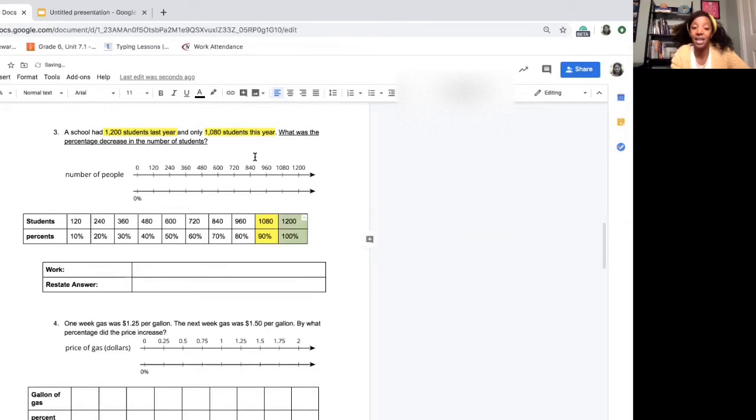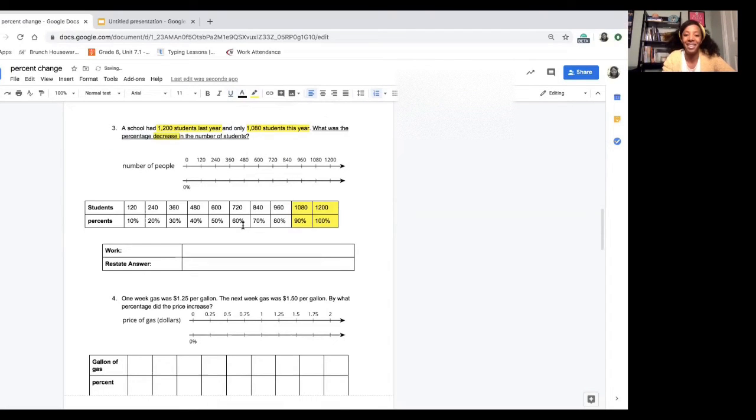The question here is asking, what is the percentage decrease? Decrease always means subtraction. And our decrease is going to be 100% minus 90%. So our percent decrease is 10%.